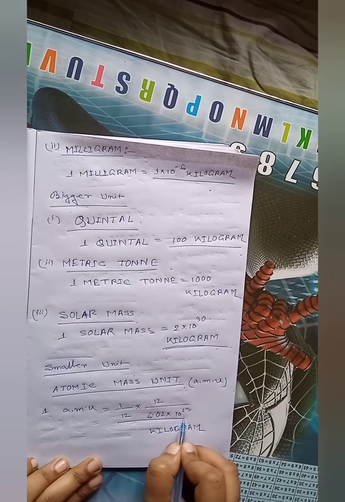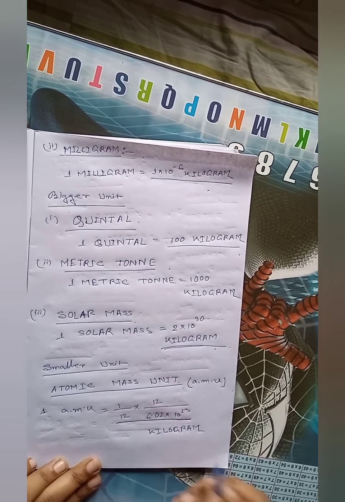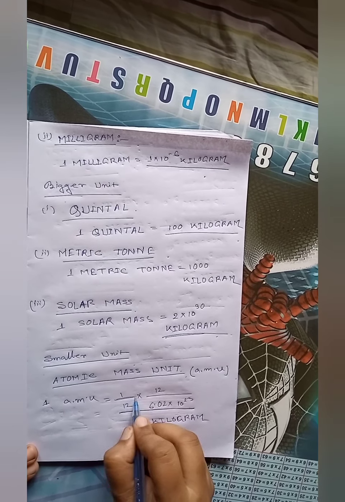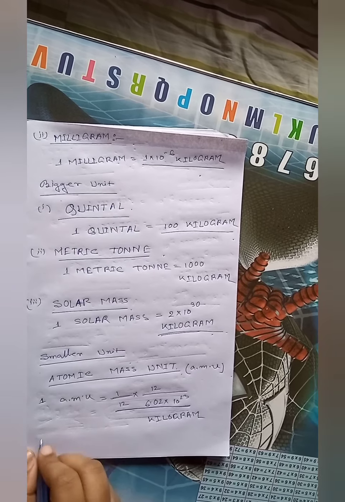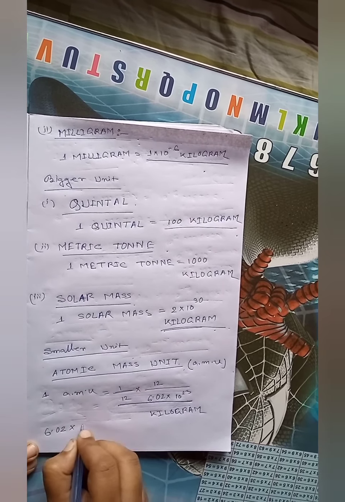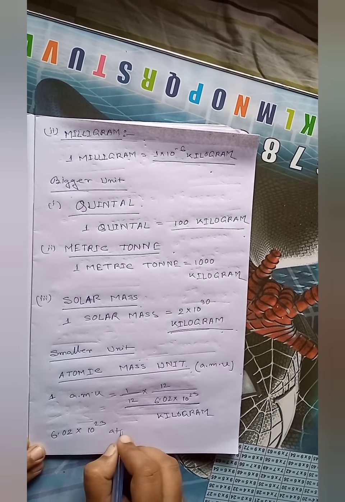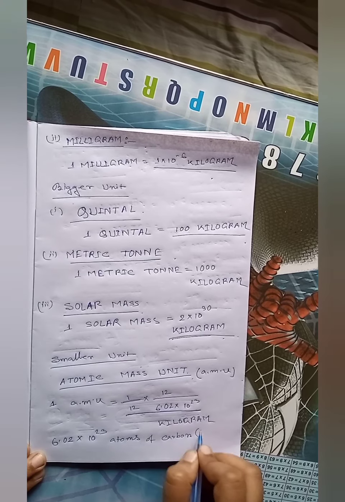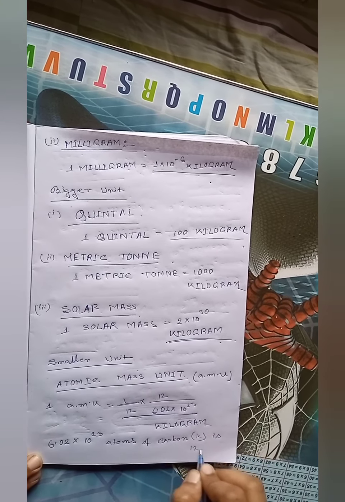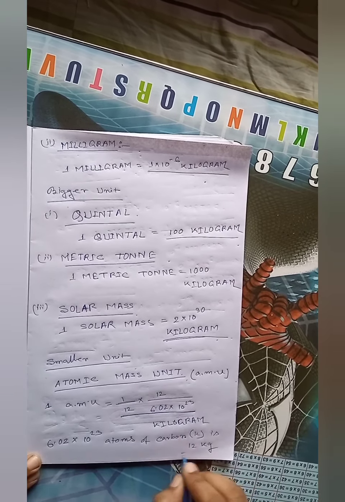Comment me what is the number. Okay, I explain how it becomes. The mass of 6.02 into 10 to the power 23 atoms of carbon 12 is 12 grams.